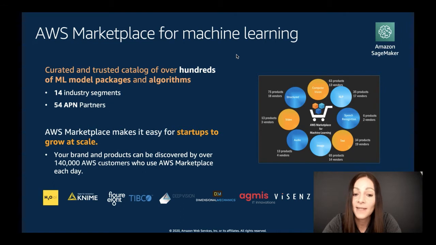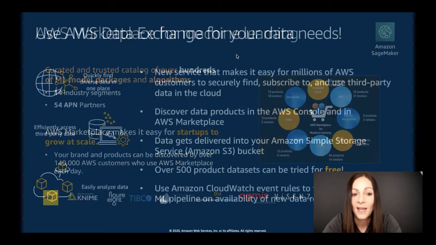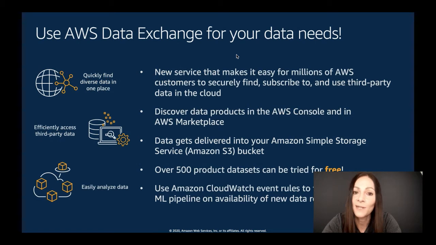Your brand and products can be discovered by over 140,000 AWS customers who use the marketplace each day. Also, have a look at the AWS Data Exchange. It's a new service that makes it really easy for millions of AWS customers to securely find, subscribe to, and use third-party data in the cloud. As of today, we also have over 500 product datasets that can be tried for free.